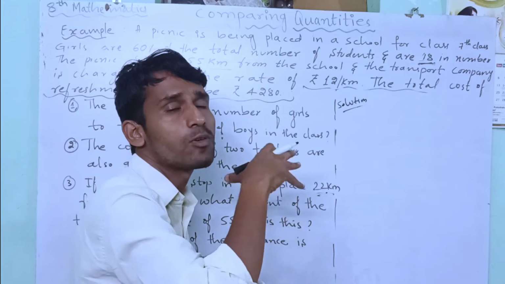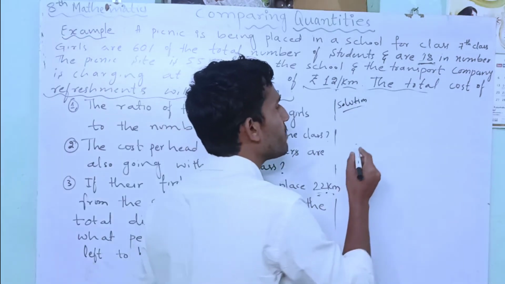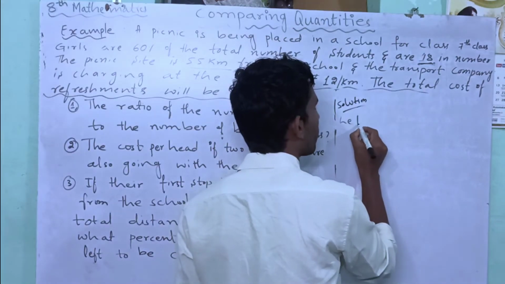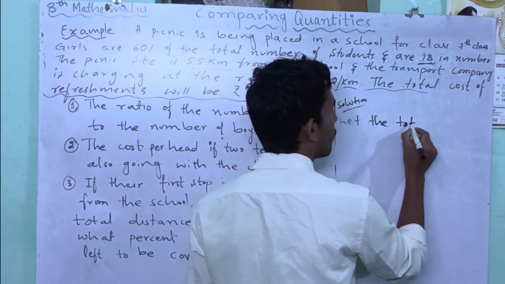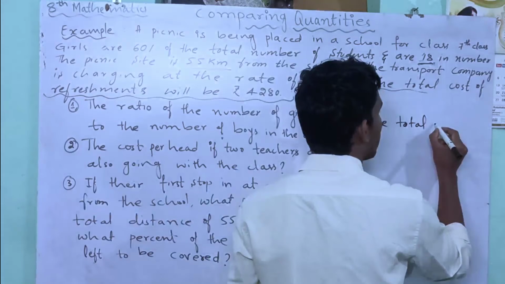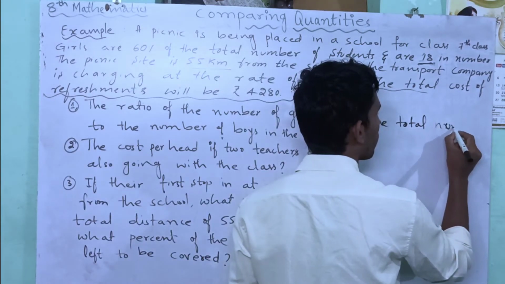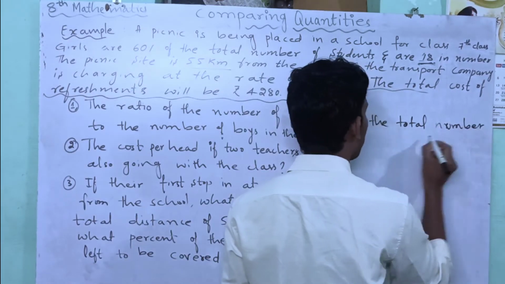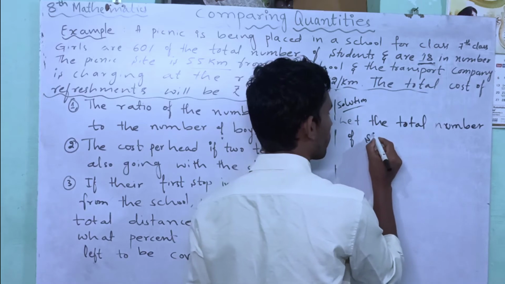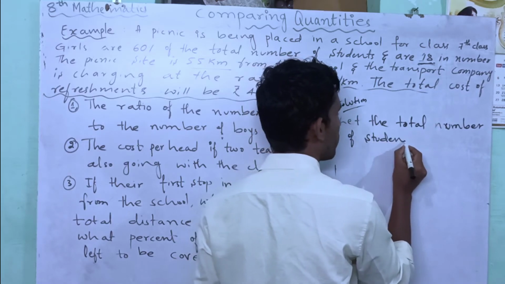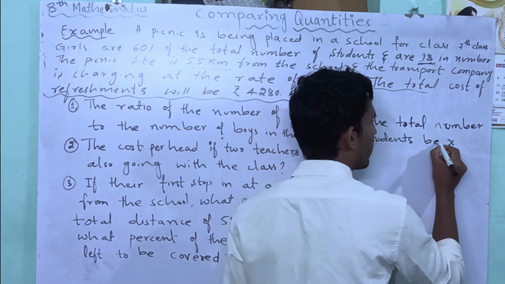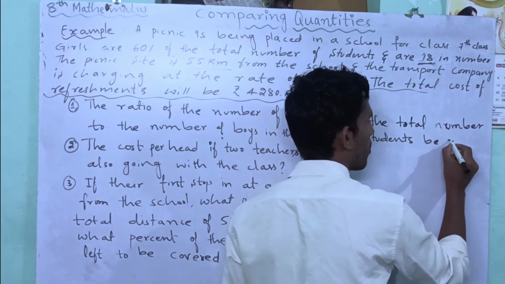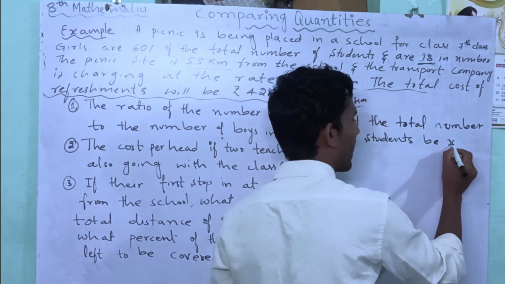We have to find out how many students there are in total. Let the total number of students be x. See, we don't know the total number of students, so I am taking the unknown number x.